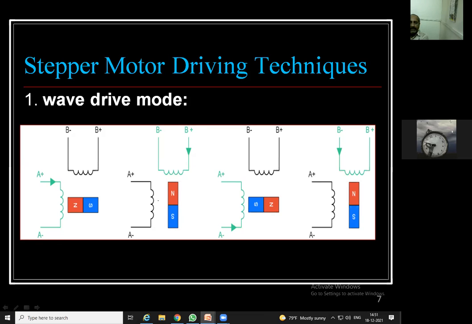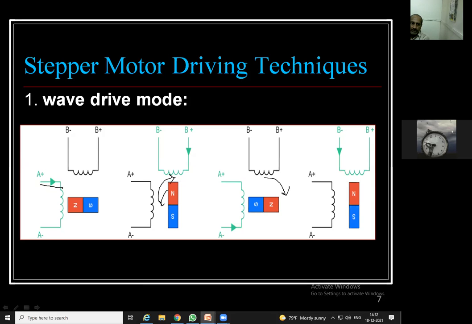So this magnet rotates by 90 degrees. Again you energize A, and at that time the position becomes another 90 degrees. Now you might say that the N should go in the reverse direction, but we are supposed to check the direction of the current, which is also very important.